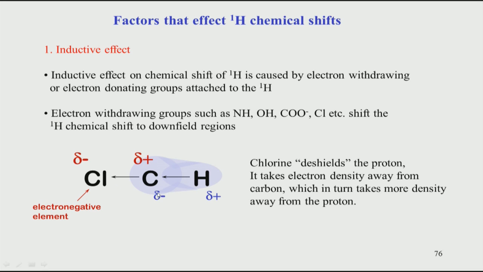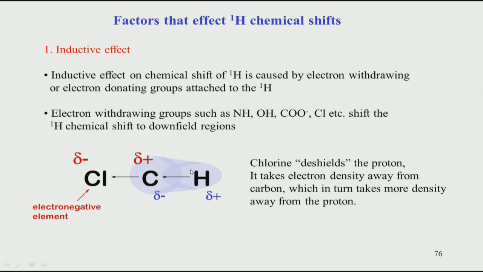So, for example, here you see a carbon is more electropositive compared to chlorine which is electronegative, and therefore, the electron cloud density around this carbon is less dense because it is being attracted towards the chlorine. Now, what happens is the electron cloud around this hydrogen also gets pulled towards this chlorine.